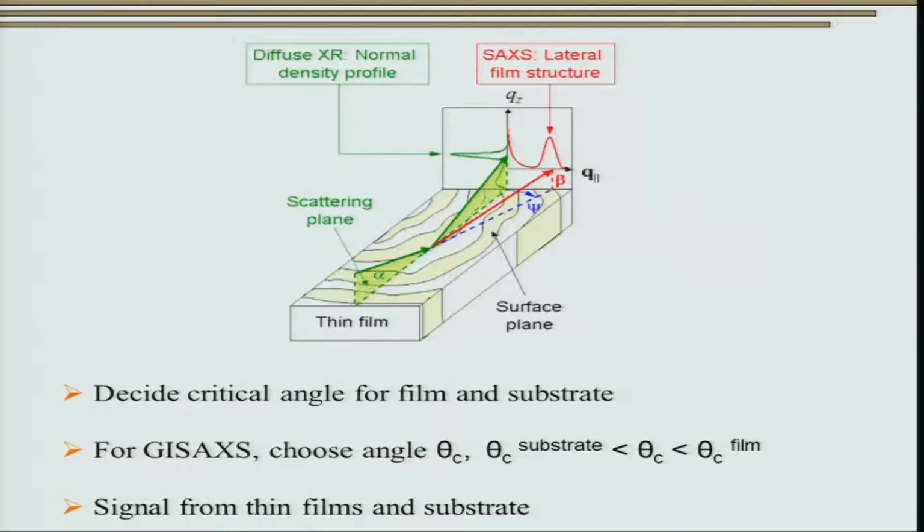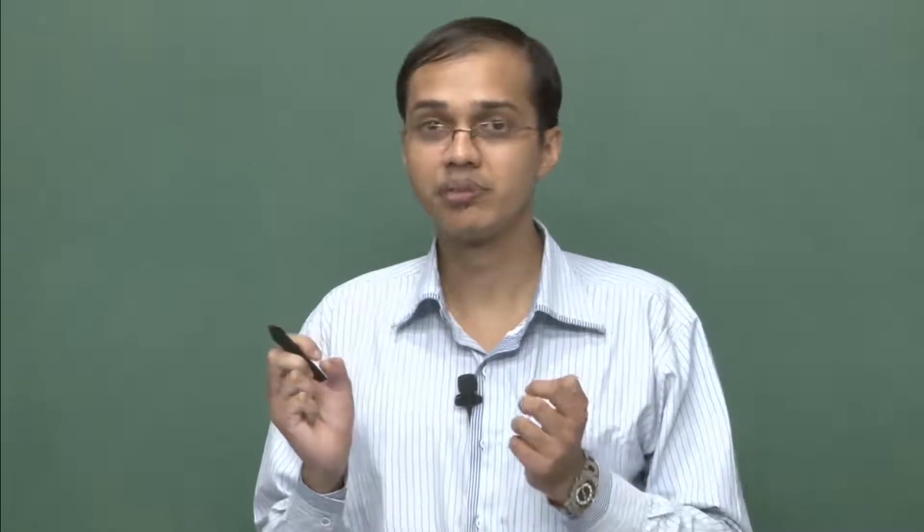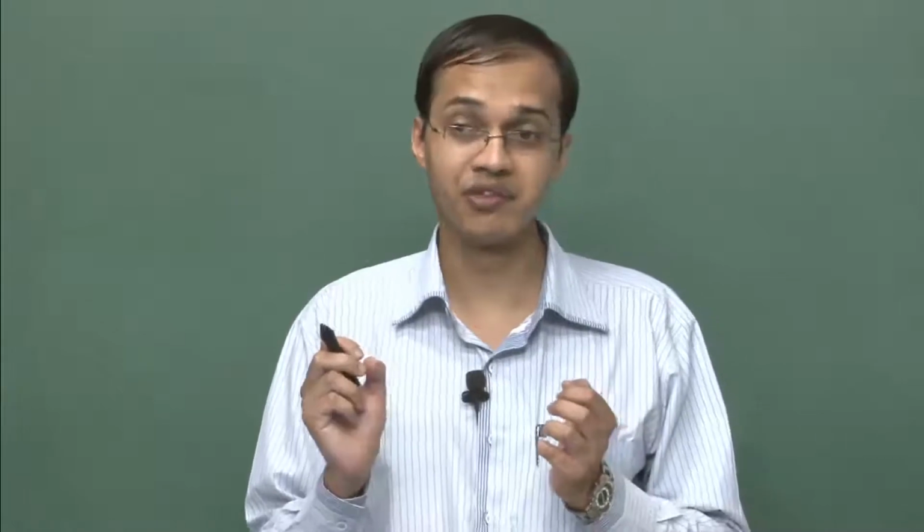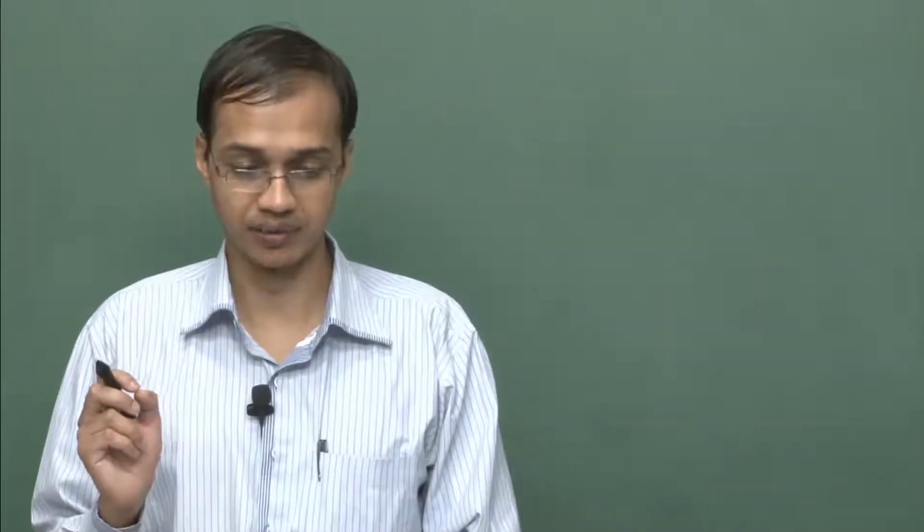So if you want to study the subsurface damage that is occurring due to implantation, you can always play with the incident angle, theta, so that we get information from different depths. So this is one parameter which is used routinely to control the extent of information that we are getting during grazing incidence small angle X-ray scattering.